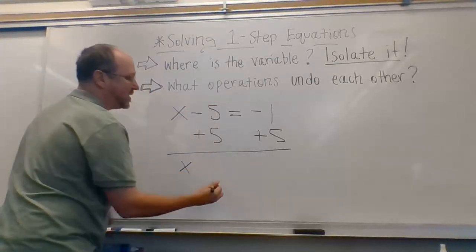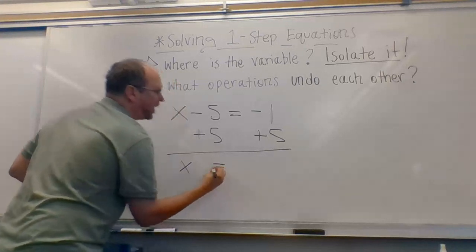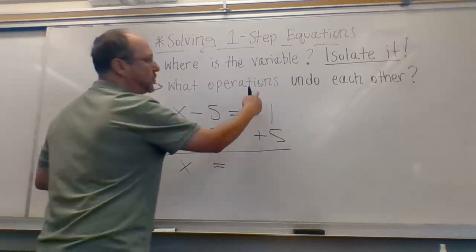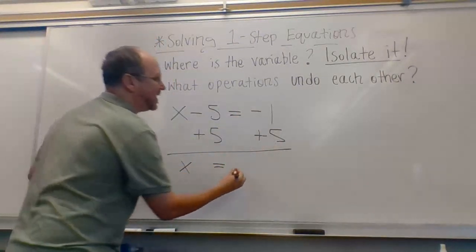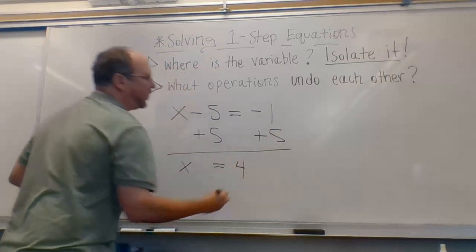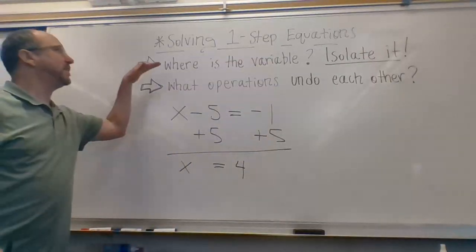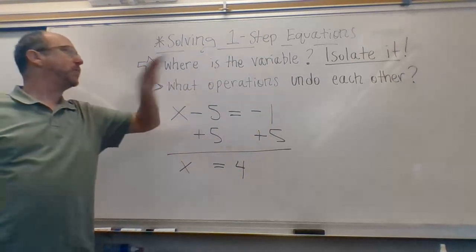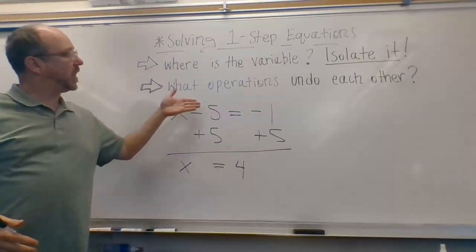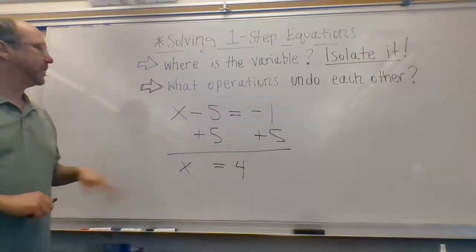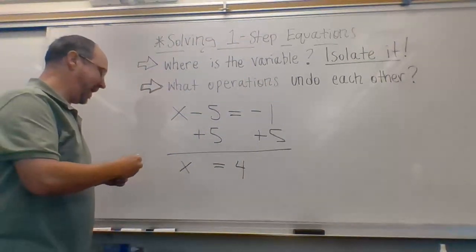Negative 5 plus 5 is 0. X is equal to negative 1 plus 5. There is your positive 4. Our steps are: where is the variable, what operation undoes each other, addition undoes subtraction. X is equal to 4.